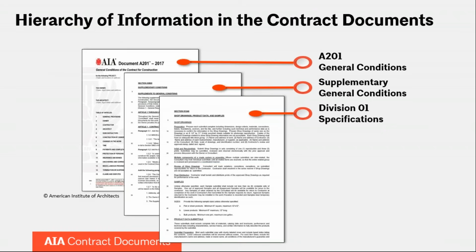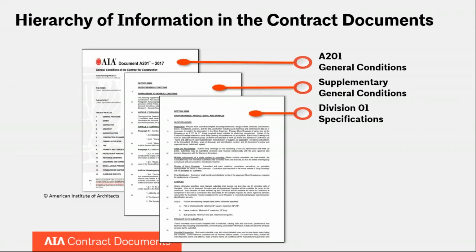And of course, the A201 also works in complement with specifications, right? This diagram shows the relationship between the A201 and other documents that constitute the contract documents. In this case, it's the specifications. Each document provides greater detail, so the A201 provides general definitions and describes overall responsibilities.